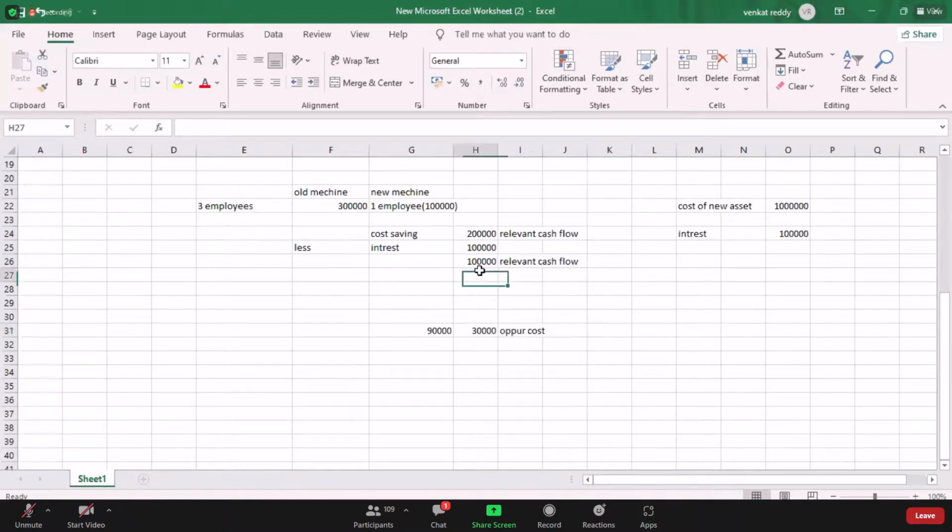So from this 1 lakh relevant cost, I can deduct this opportunity cost of 30, and finally I can show my relevant cash flow as 70. Now I believe you understood the concept of opportunity cost here. Is that clear?